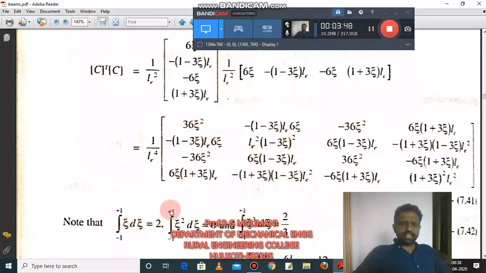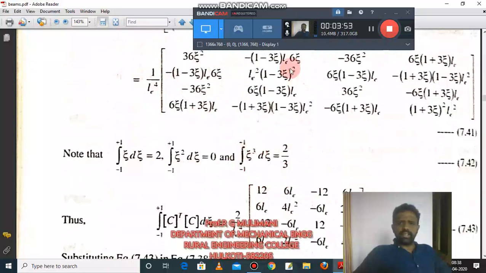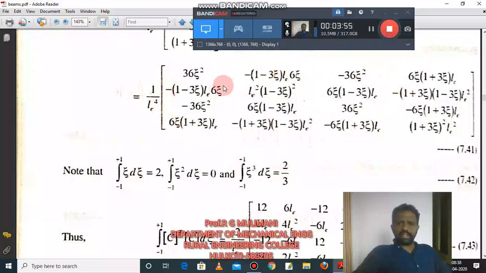Substituting all the values and applying the limits, that is from minus 1 to 1, as you already know when it is taken in terms of natural coordinates. So the integration of 36 zeta square divided by LE raised to 4 gives you 12.